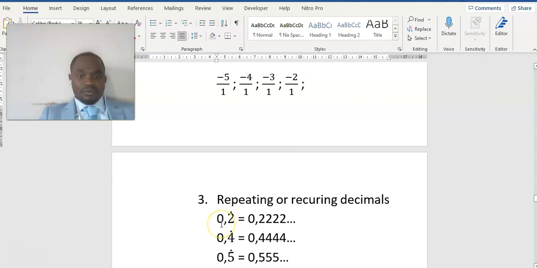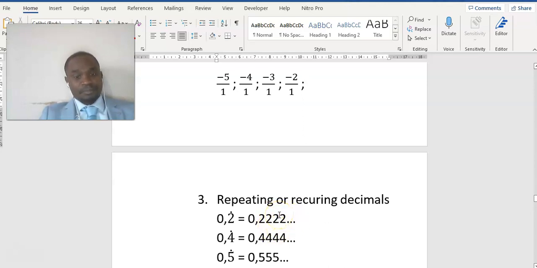So if I have 0.2 with a dot at the top, it is the same as 0.22222. Are we together? And it continues like that.